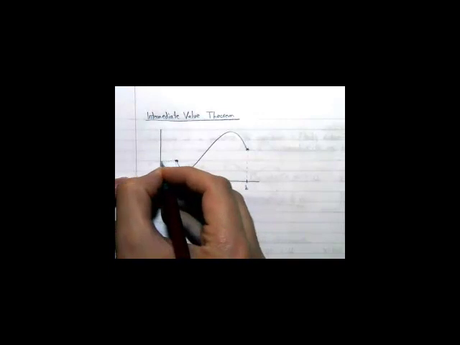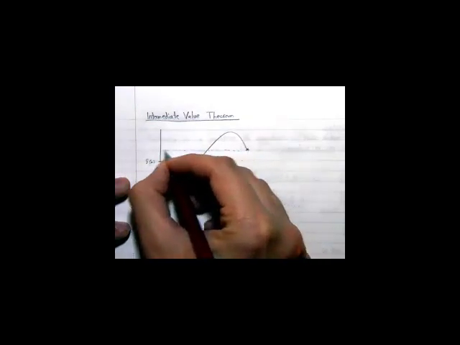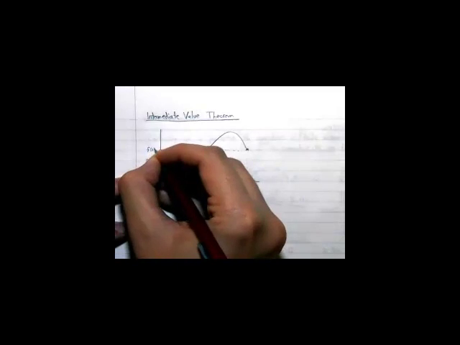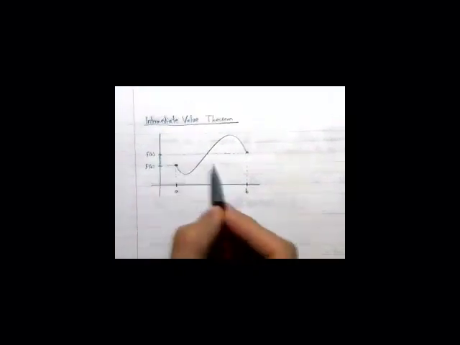And then, so this value here would be f of A. And this value here would be f of B. And what the intermediate value theorem says is, if the function is continuous from A to B, no jumps, no holes, no asymptotes, okay, every point between A and B is a continuous point on that function, then the function should obtain every value between f of A and f of B. Outside of that, maybe, maybe not, but definitely every y value that we can pick off between these two should be represented somewhere in that function.